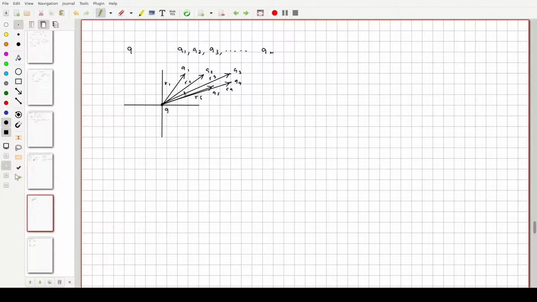Then, for example, if I looked at the force of Q1 on Q, I'm going to call that F1, the force of Q1 on Q.